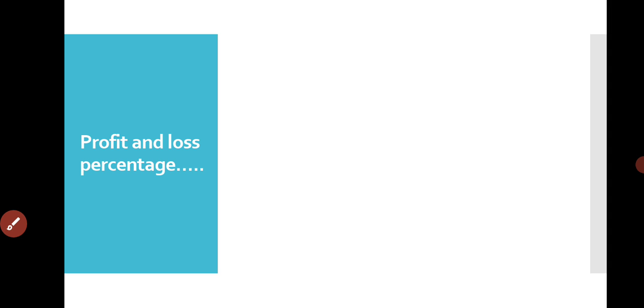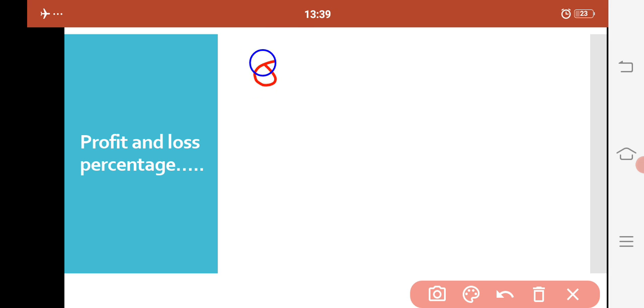Now we are going to learn profit and loss percentage. I hope you already know the meaning of percentage. If you want to convert any number or a fraction into percentage, we multiply by 100.